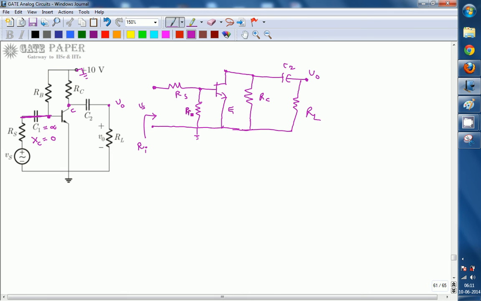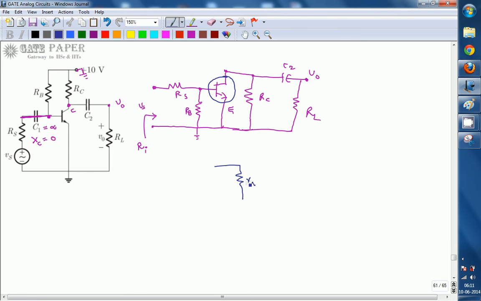This is RB. Now we have to replace this transistor symbol with its equivalent circuit, and the equivalent circuit we will draw first. For this transistor symbol, we are drawing the equivalent circuit using the r-parameter model.